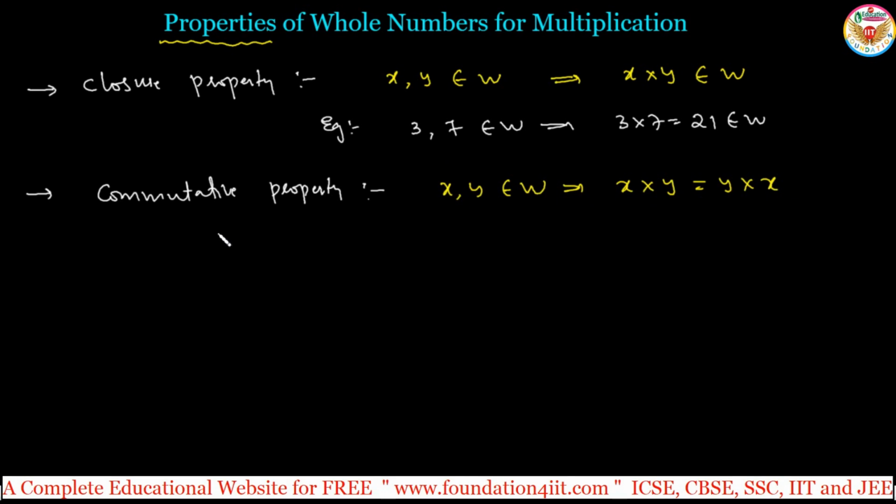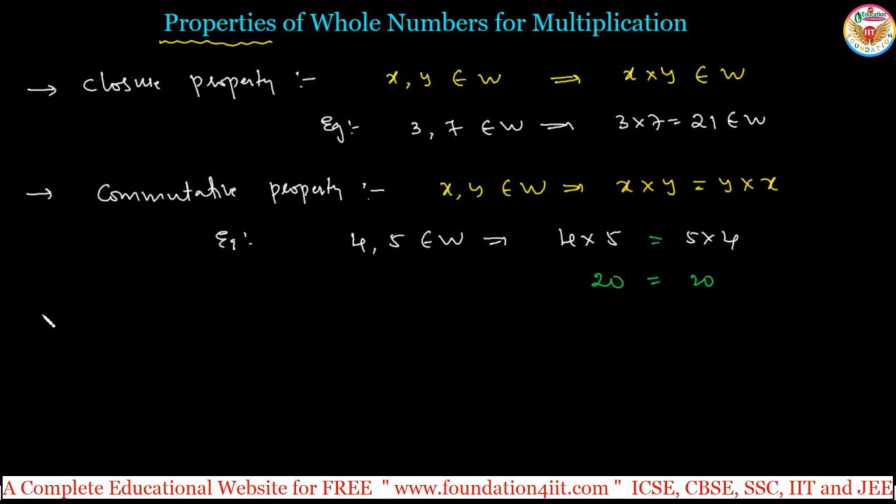Check one example. 4, 5 belongs to whole numbers. That means 4 into 5 value and 5 into 4 value must be the same, right? Because 4 times 5 is 20, 5 times 4 is 20. So they are equal. So the commutative property exists for the whole numbers for multiplication.